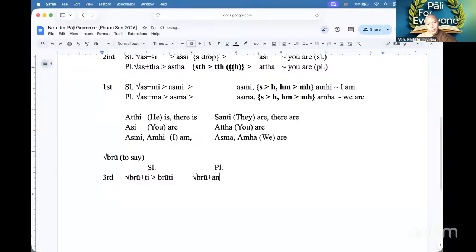But for the plural, the root is brew and the termination is anti. At the time, what is inserted? So brew van ti. This is just an insertion: brew van ti.